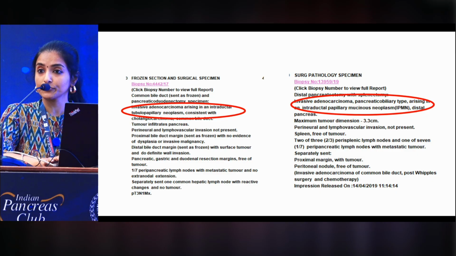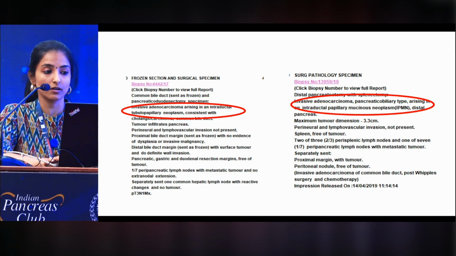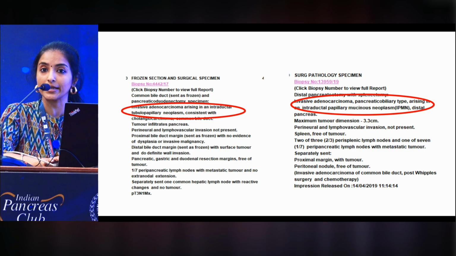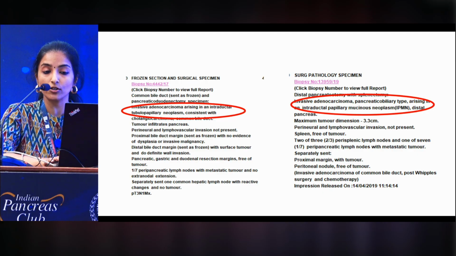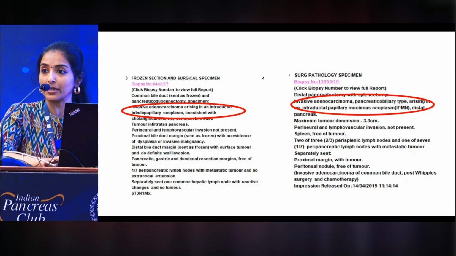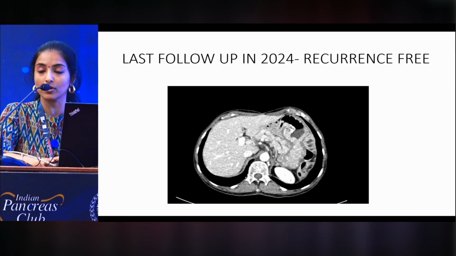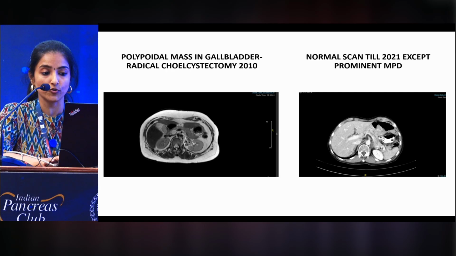The pathology of the Whipple specimen was actually a tubulopapillary neoplasm of the bile duct with an invasive adenocarcinoma, what the pathologist called an ITPN, and what was there in the tail of the pancreas was actually an IPMN of the pancreatobiliary type. So is there actually a field cancer that extends between the pancreatic duct and the bile duct? We don't know. He's doing well in 2024, recurrence free. That's the last he came for follow-up.